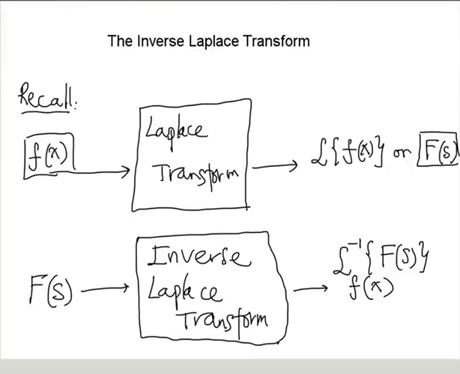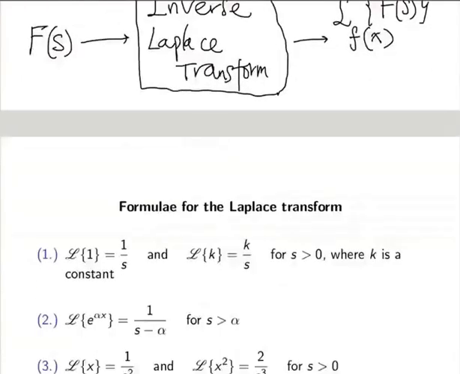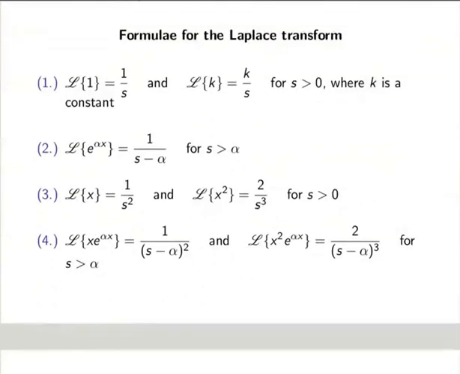Now, in order to determine the inverse Laplace transform more efficiently, we will need to use the table of Laplace transforms. The table gives us formulas that we could use. So here's the list of a few formulas.